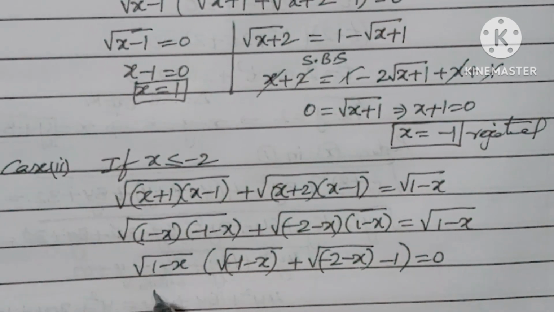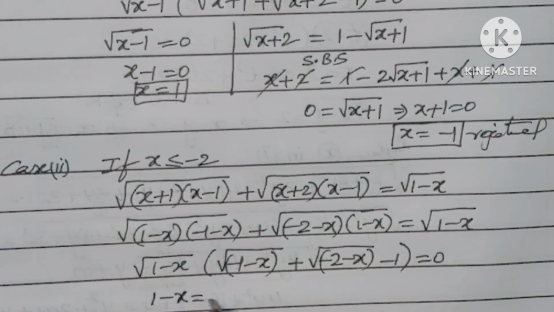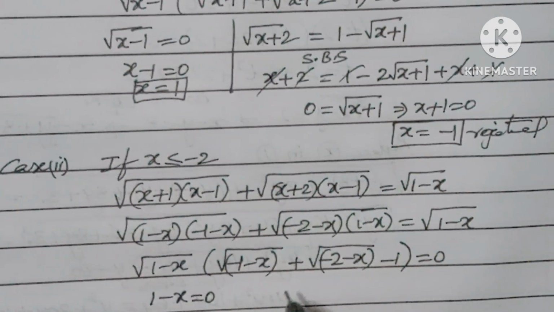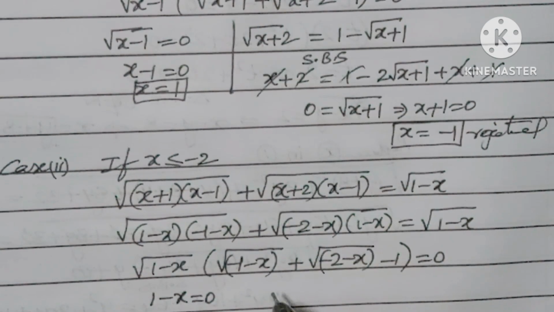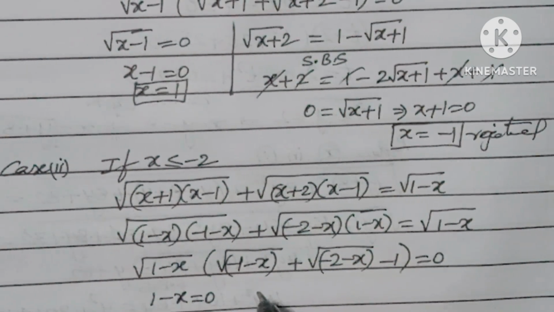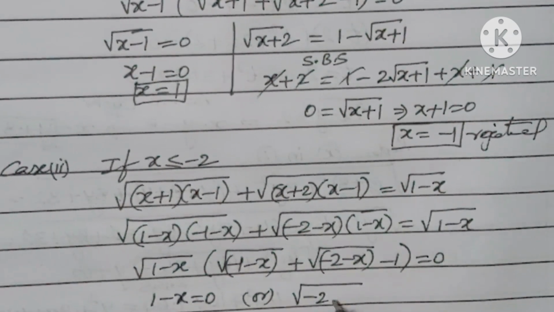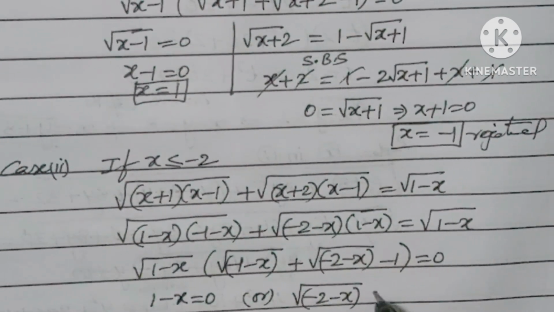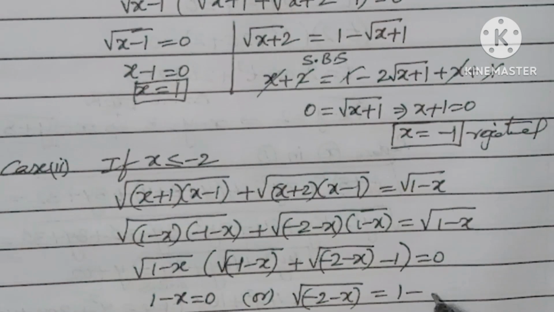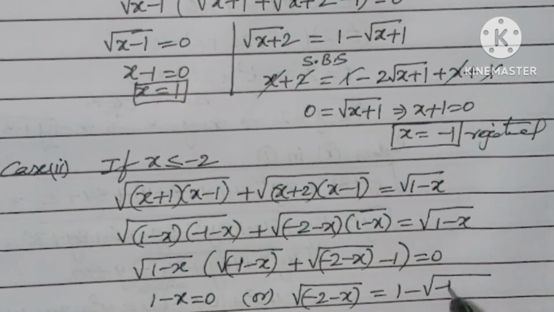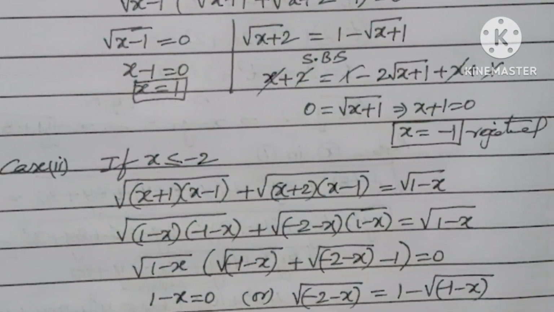So here minus x minus 1 equal to 0, or square root of minus 2 minus x is equal to 1 minus root of minus 1 minus x.